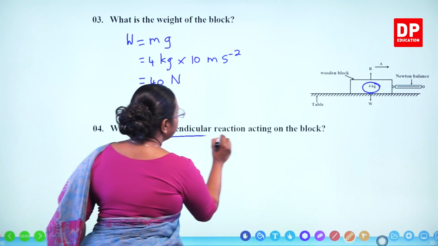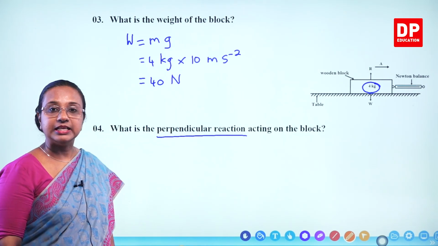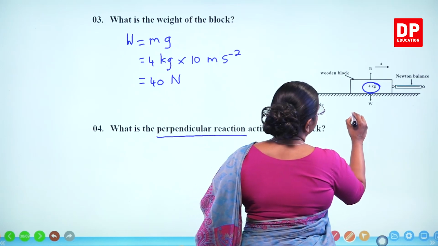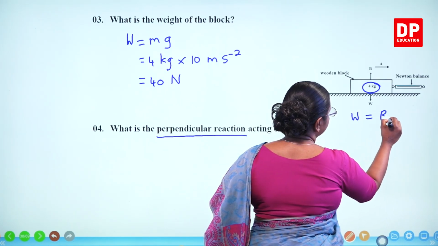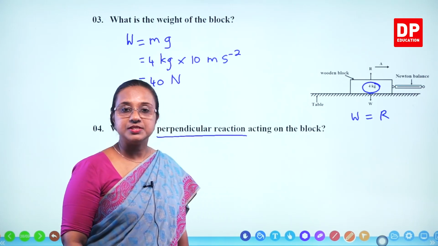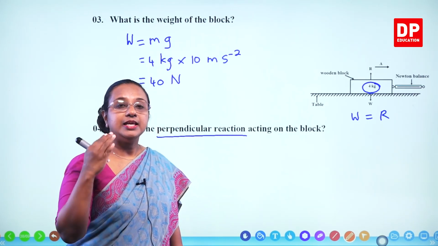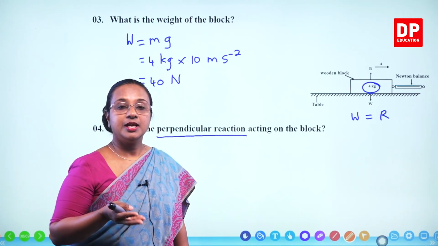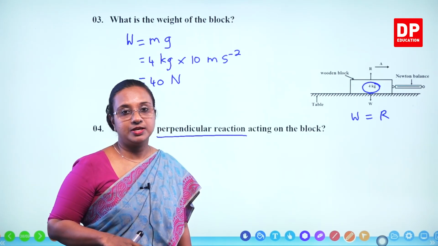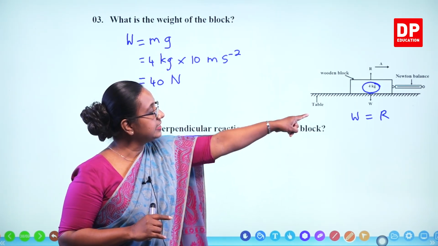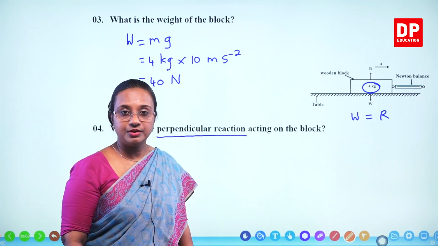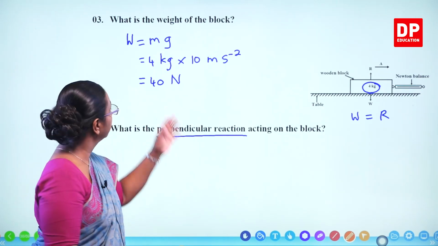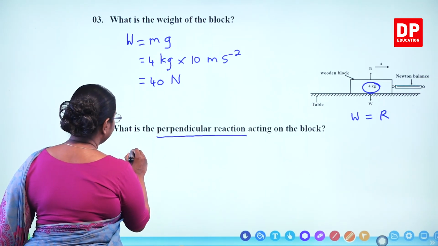What is the perpendicular reaction acting on the block? From the diagram, you can see the weight and the perpendicular reaction are opposite to each other. And the object is at rest. Why? It's not moving upwards or downwards. So that means the weight is equal to perpendicular reaction. So here we need to find the perpendicular reaction. That is equal to 40 Newton.